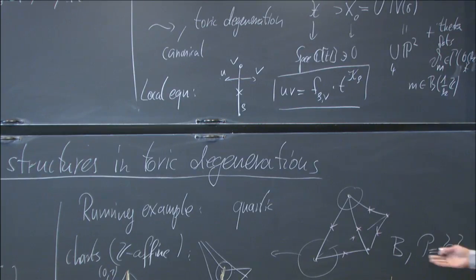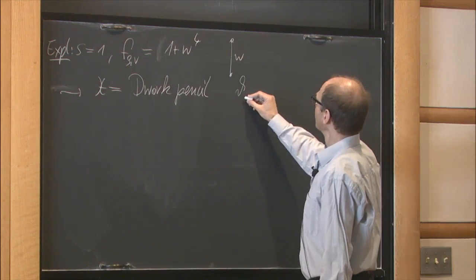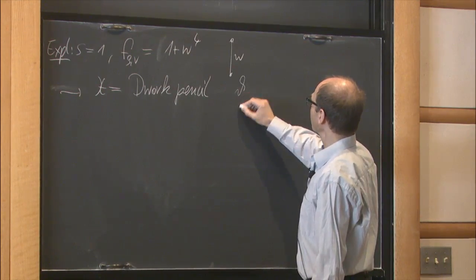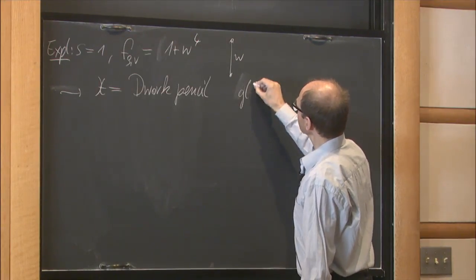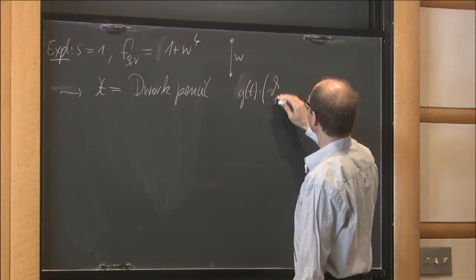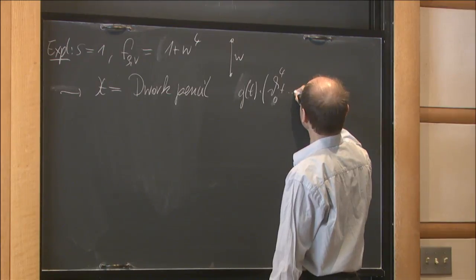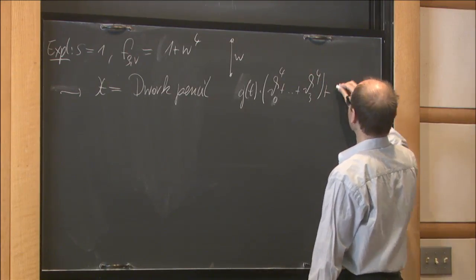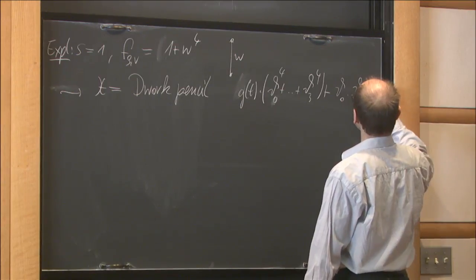And then you see that this situation is so symmetric that the only equation that these theta functions can fulfill is just the equation given by the Dwork pencil. So it looks like, without knowing explicitly, like in our coordinates, what these theta functions are, we know there's an embedding of the whole family into P3, which looks like, well, there's a certain function that can be fixed by period computations, but then it's like theta 0 to 4 plus theta 3 to 4 plus theta 0 to theta 3 equals 0.